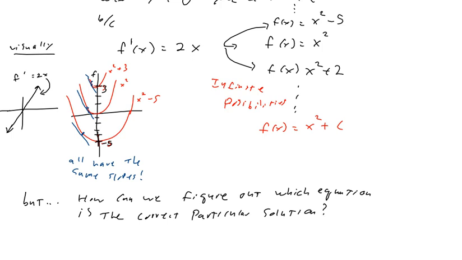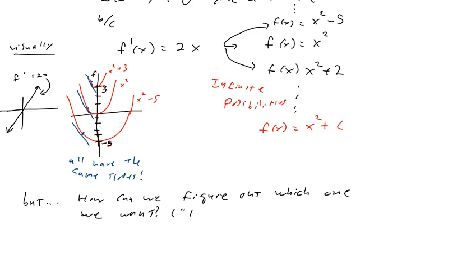How do we figure out which one we want? Which of these equations, which of these graphs, is our particular solution?